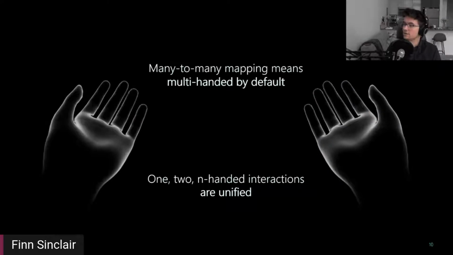Another great thing that we can get from XRI is that we don't have to do any extra work to do multi-handed interactions, because XRI is just a many-to-many mapping. Interactor on this hand, interactor on that hand, voila. One, two, three, as many interactors as are participating on something. All of the interaction logic is unified.